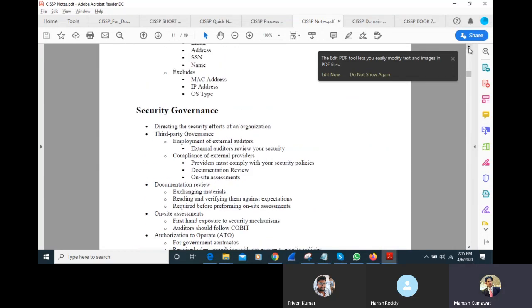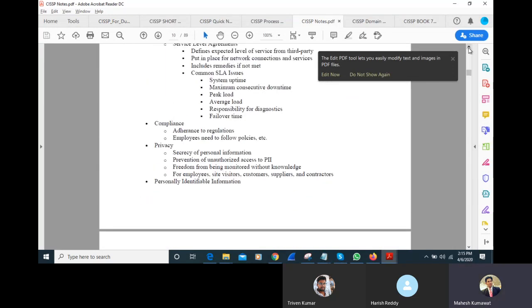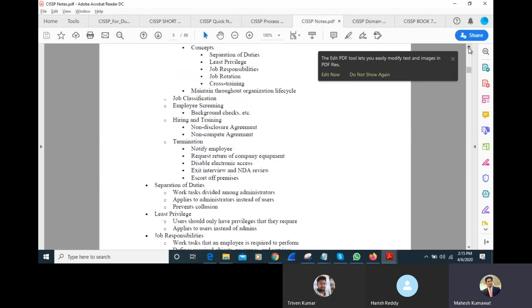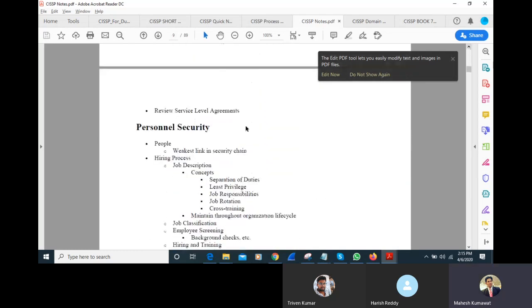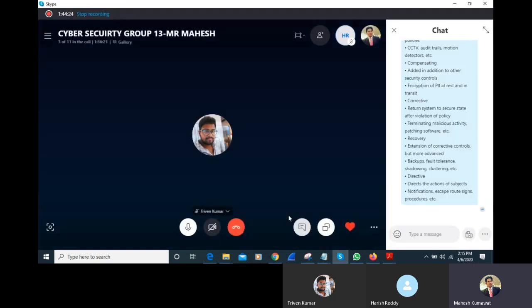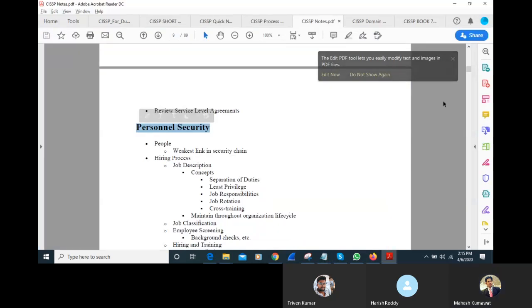Security governance you need to understand, which is basically your strategies and personnel security. This is also very important.